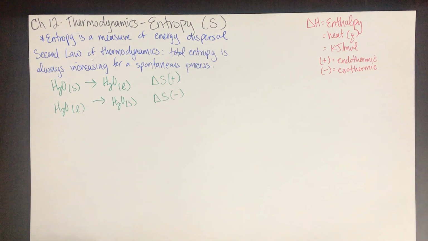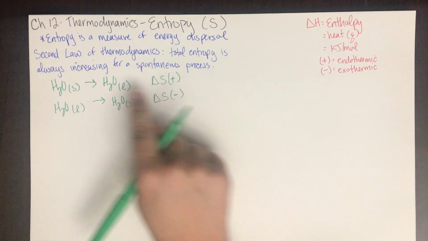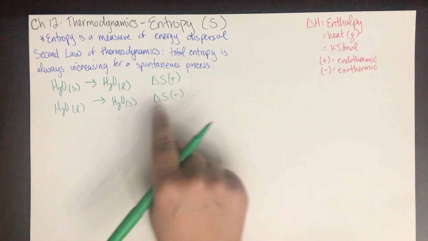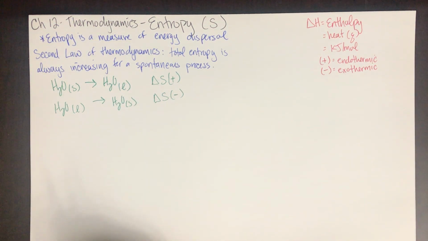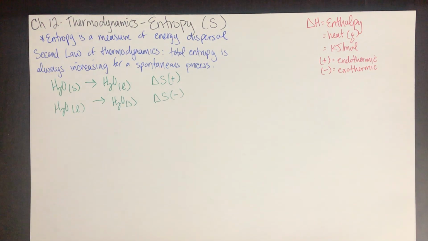So there's three different ways that we can relate. Here's one of them where we're changing phase from a solid to a liquid. But these are the three situations in which entropy usually changes.